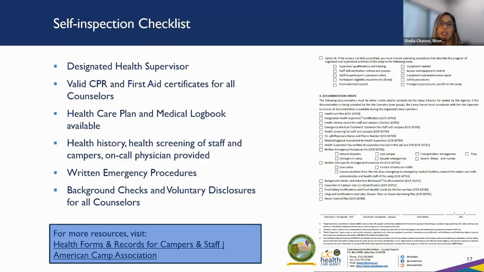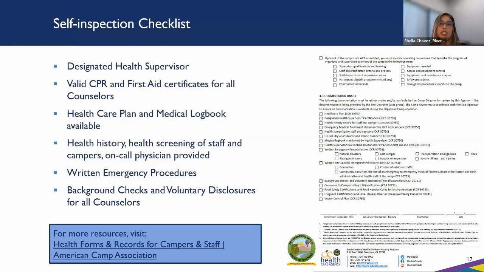In addition, camps are required to maintain a medical logbook. And this records every illness or injury, including who was treated, what care or medication was given, who provided that treatment, and when parents or guardians were notified.